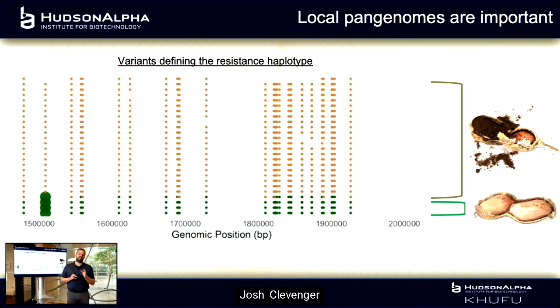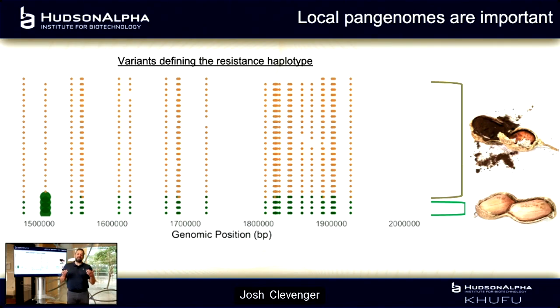All of these variants that we're showing there, indicated by the dots, are variants around R genes. It's going to be really difficult for us to understand which gene is controlling that. But we actually have this resistance haplotype that we can select for, and that becomes extremely powerful. It's been shown to clearly be the haplotype that is defining resistance to that trait.